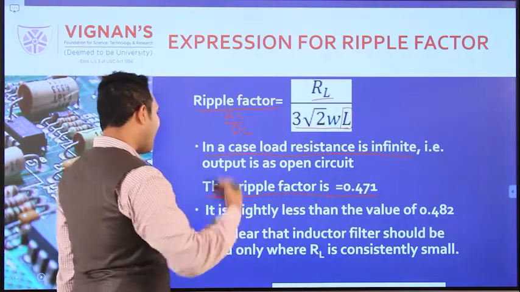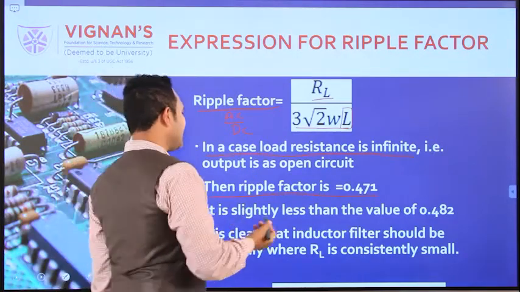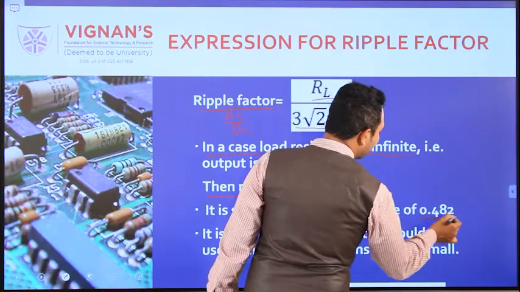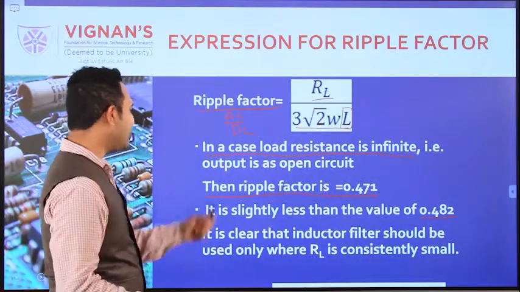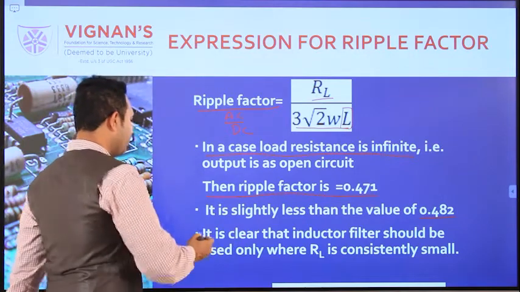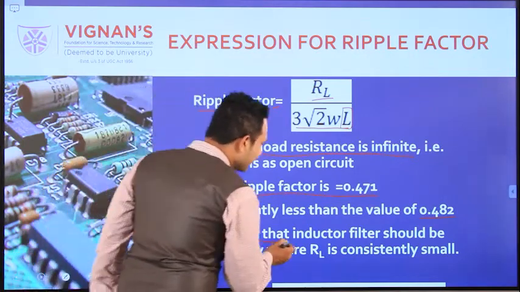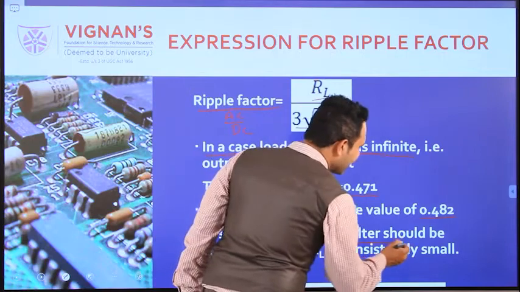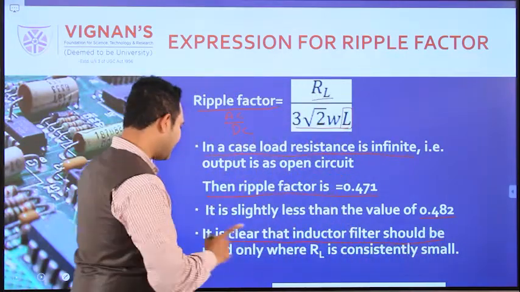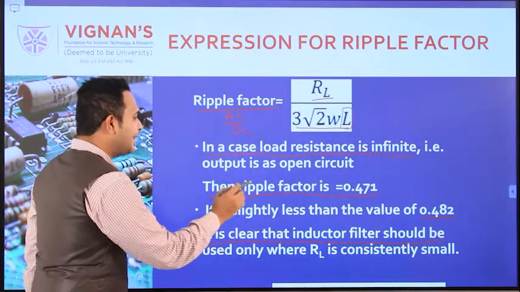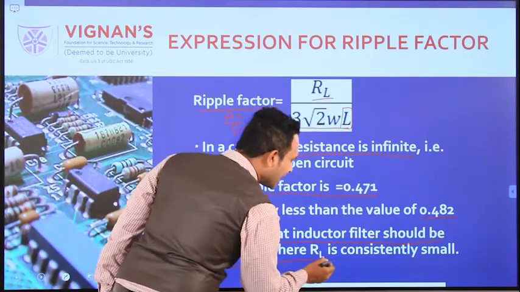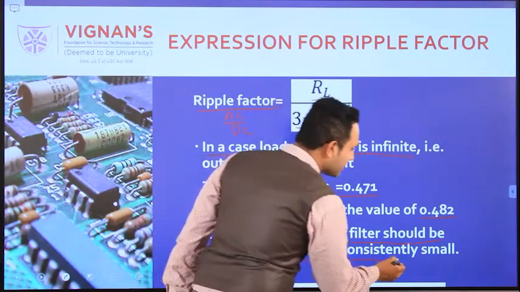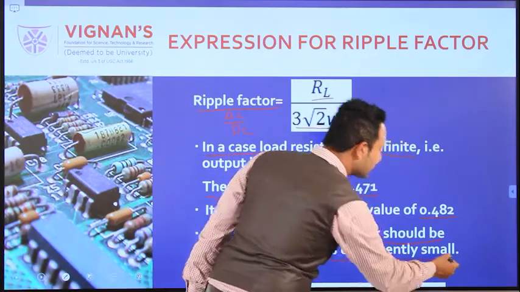If we apply some load value, we get 0.482. So it is clear that the inductor filter should be used only where RL is consistently small.